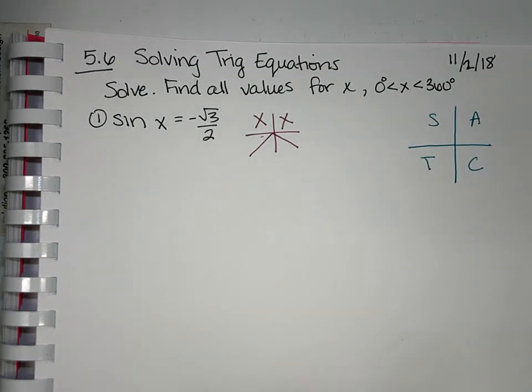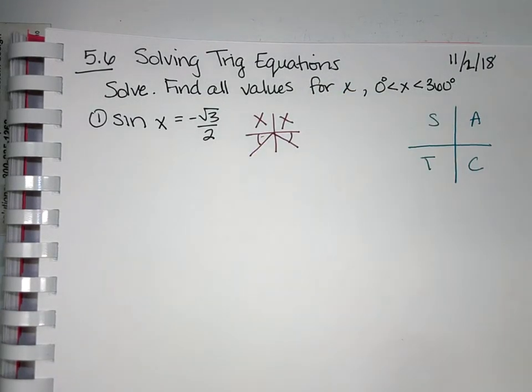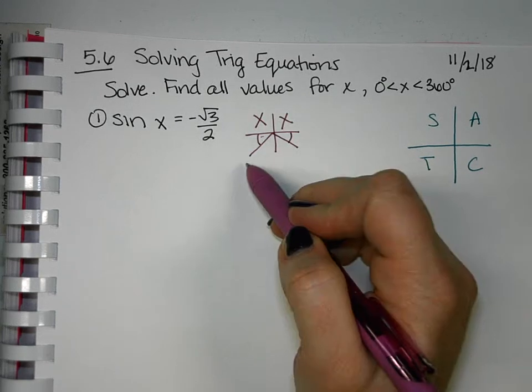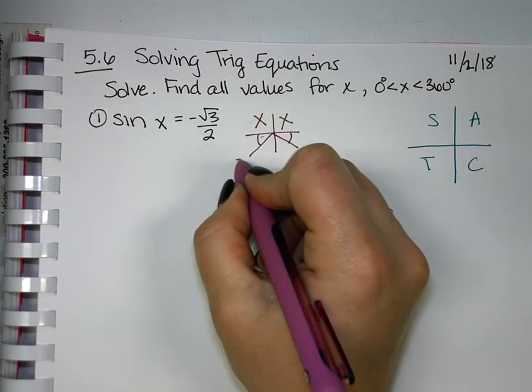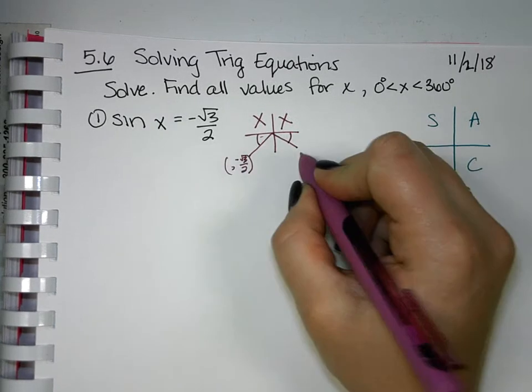Then I want to think about which reference angle will give me a sine value of negative root 3 over 2. On the outside, I'm going to look for where I see a negative root 3 over 2 in the y value of my angle.